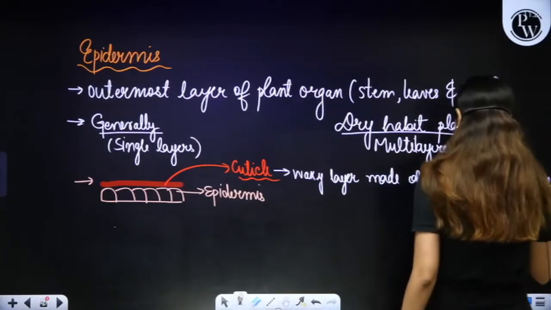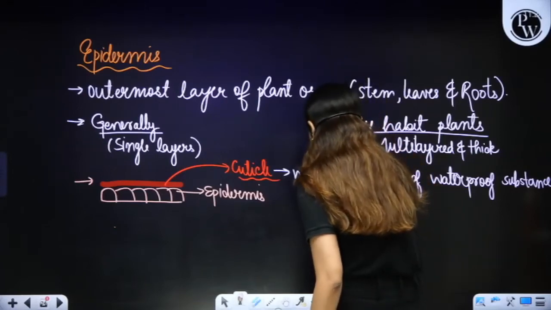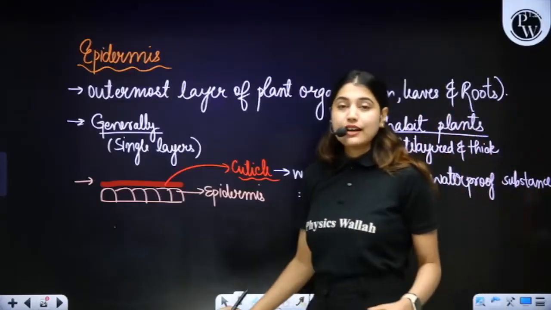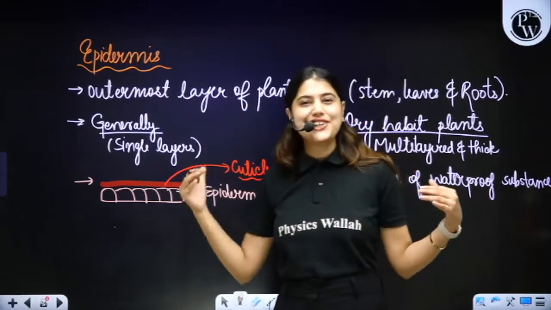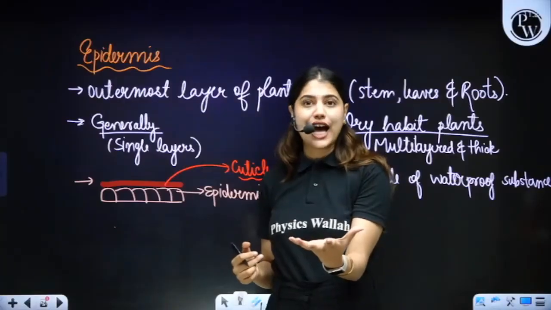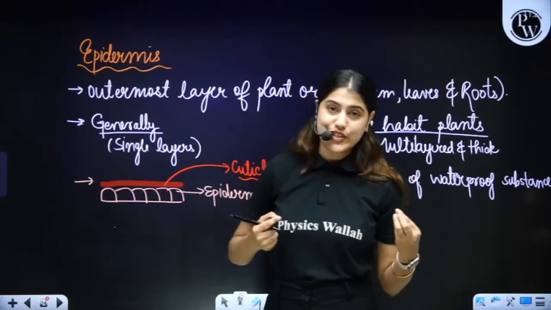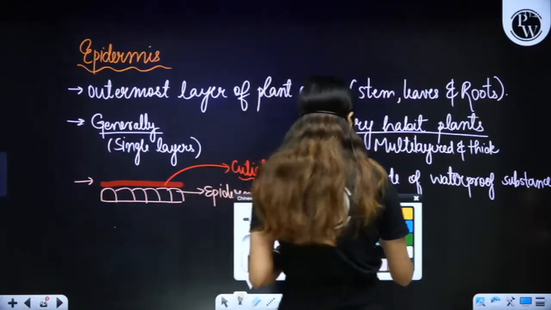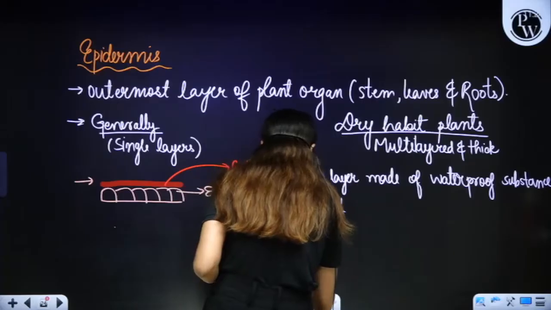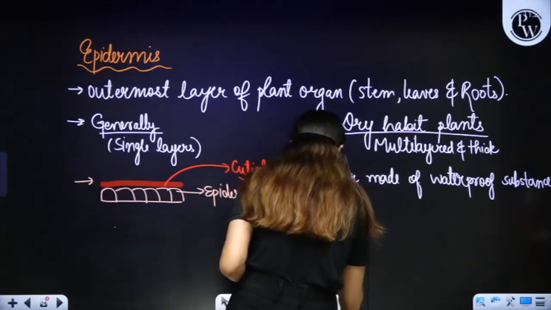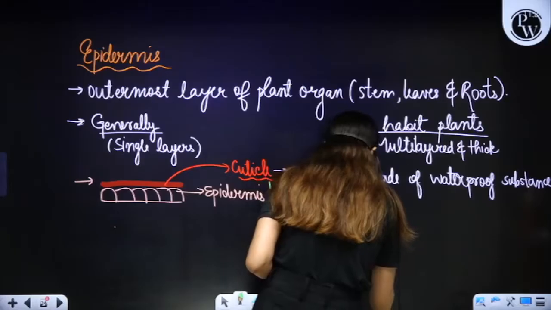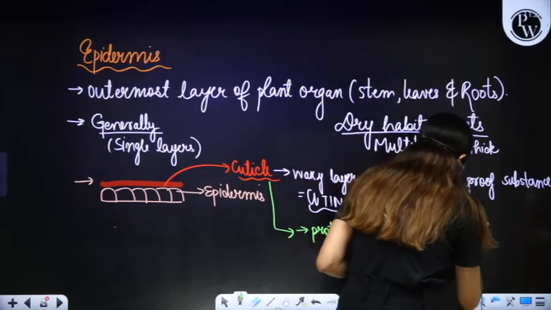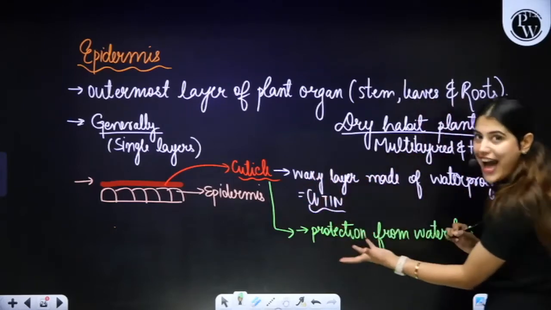Can you think of the function of this layer, the cuticle? What is it doing? Preventing the water loss. If any injury is coming, it will be preventing that as well. If there is an invasion of a parasite, it will protect from that as well. So we can say the function of the cuticle is to provide protection from the water loss, because obviously it's a waxy layer, right?